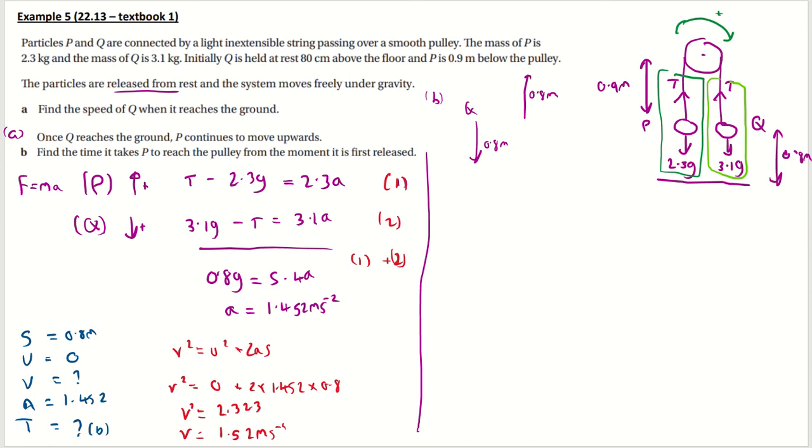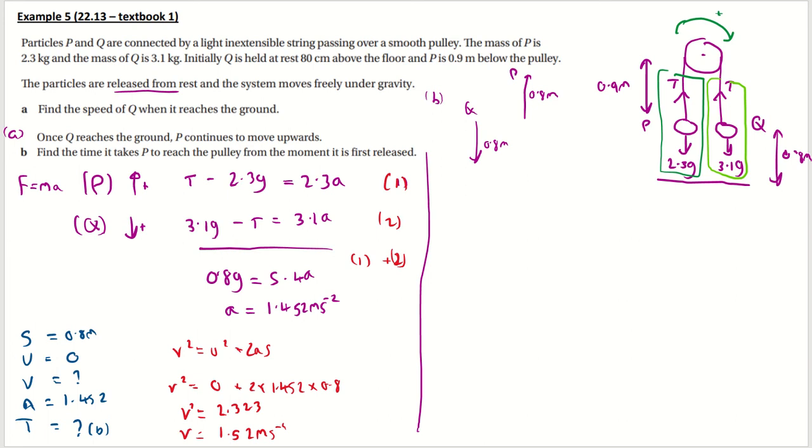So the speed when Q hits the ground, instantly before it hits, will also be the speed that P is travelling when it has travelled 0.8 meters up. It'll take the same time for both to happen because they're attached by that string. They're in synchronicity, if you like. So we can use information from here to help us.